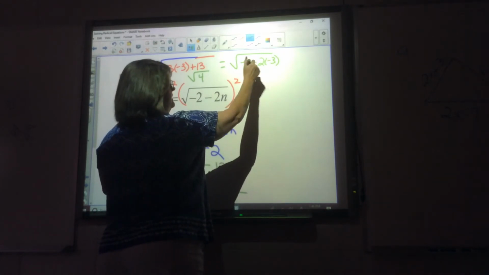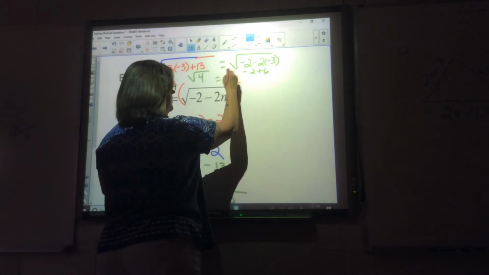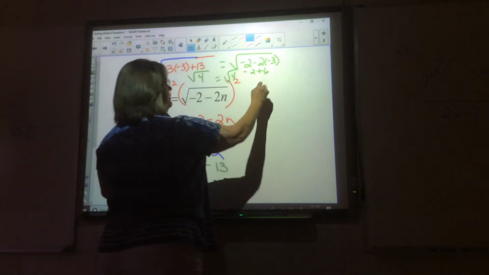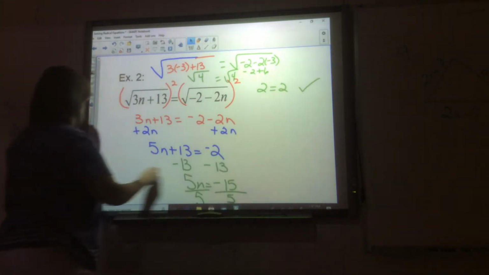This is positive 6, so negative 2 plus 6 is 4. So I have the square root of 4 equals the square root of 4, which is 2 equals 2. This one checks.